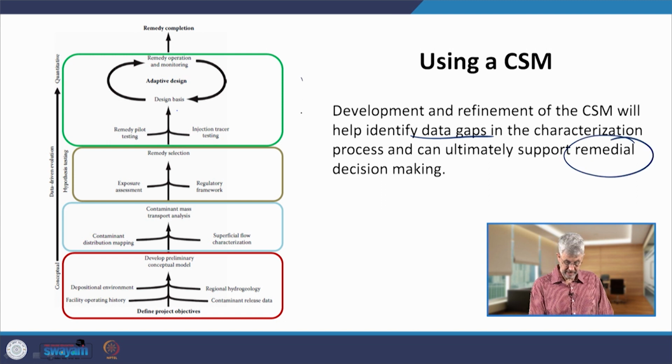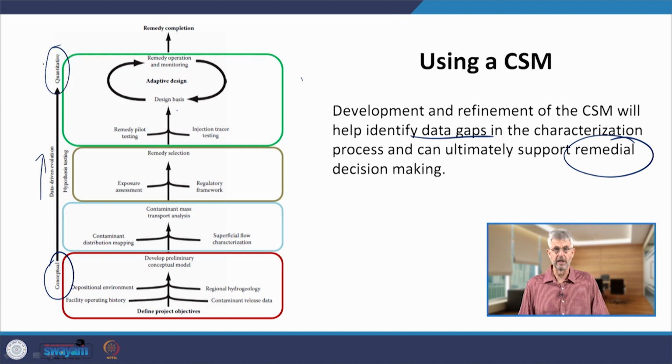So in this graph here, we'll talk about each of these colored boxes, starting with how the CSM is developed initially, kind of reviewing what we already talked about. So basically the conceptualization phase. And as the data gets more detailed, we eventually end up where, as engineers, we can quantify solutions, identify the cost and the duration it takes to turn a site from polluted to remediated.